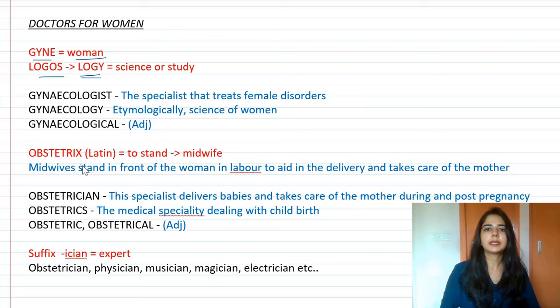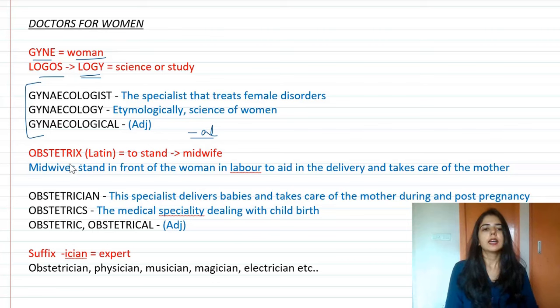But the meaning has been boiled down to the study of female disorders. So the study of female and female related disorders is known as gynecology, and the doctor who treats female disorders is known as a gynecologist. By adding the suffix al we form the adjective form of the word, which is gynecological. This we had covered in session 1.